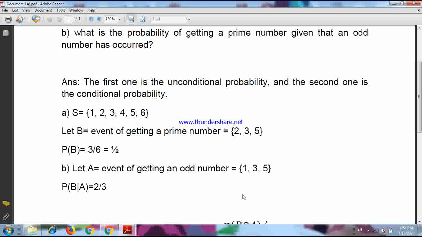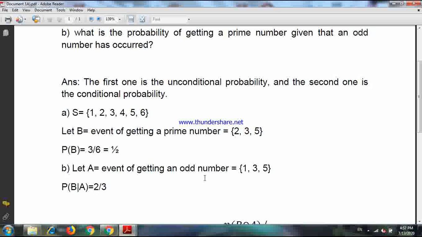Now for the second part, given that an odd number has occurred, let us declare an event A as getting an odd number. So how many odds are there? 1, 3, 5.